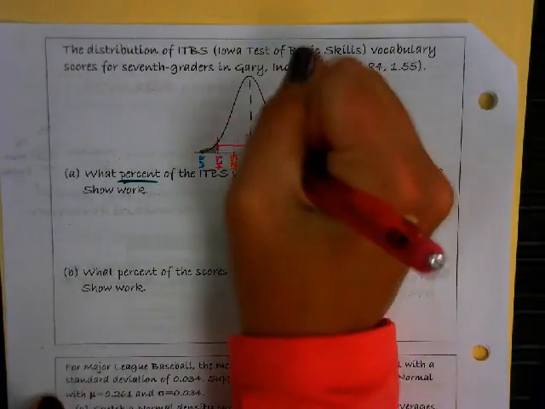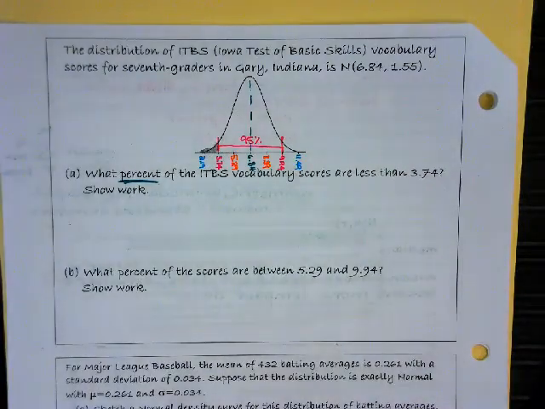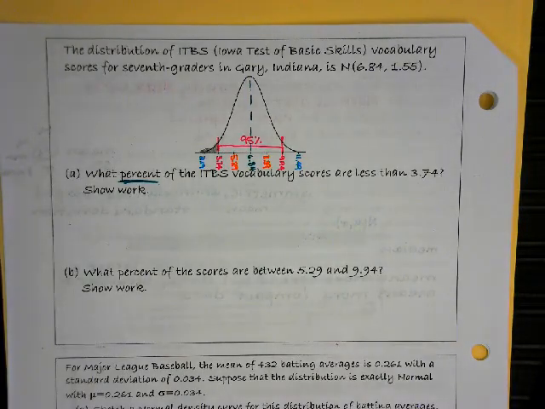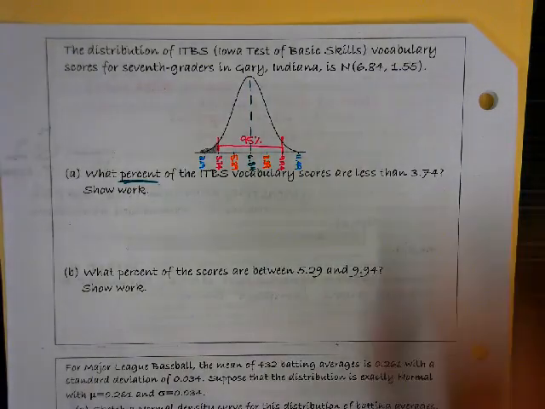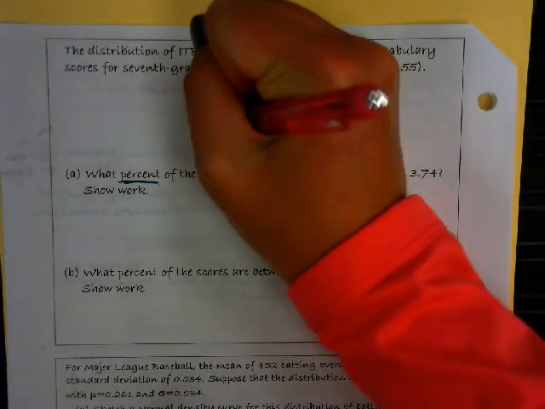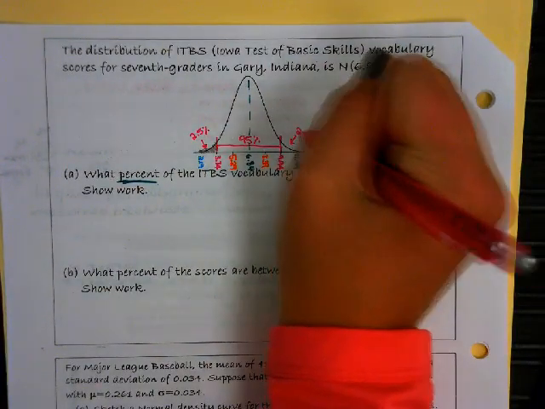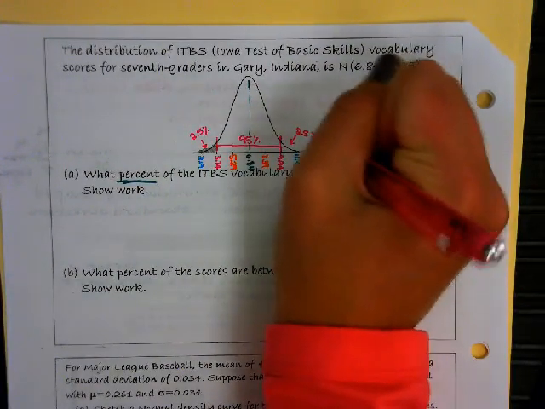Because our normal curve is symmetric, it breaks the 5% exactly in half. And that means I have 2.5% here, and I have 2.5% here. So what percent is below 3.74? 2.5%.